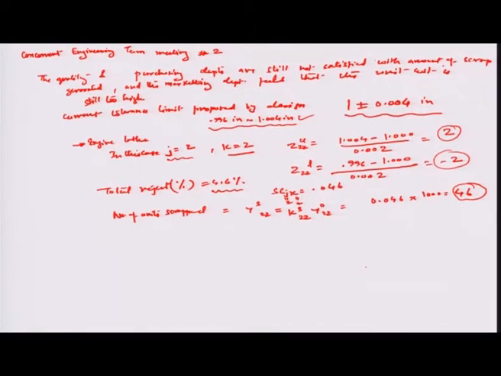Similarly, the number of raw units or raw inputs needed in this case would be equal to y i 22, which is equal to k i 22 times y 0 22, 1.046 times 1000, which is 1046 units.